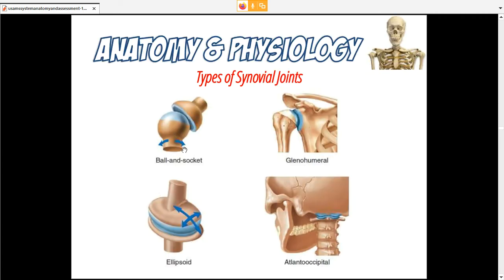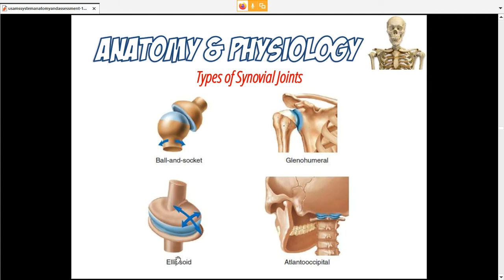Then the ball and socket joint. Examples are the hip joint and also the shoulder joint. The upper end of the humerus articulates with the glenoid cavity of the scapula. The head of the humerus acts like a ball and the glenoid cavity of the scapula acts like a socket, so it is a ball and socket type of joint.